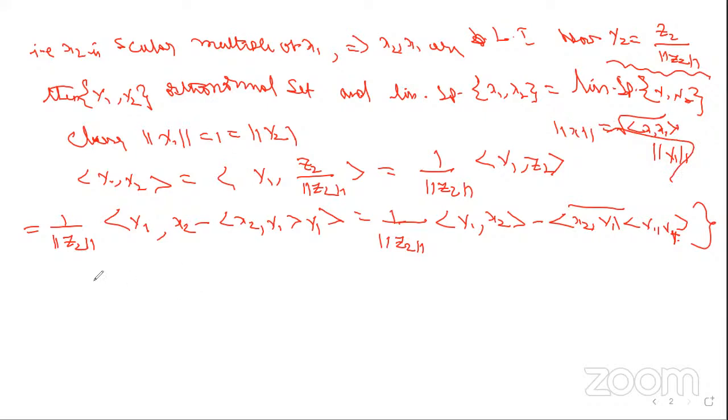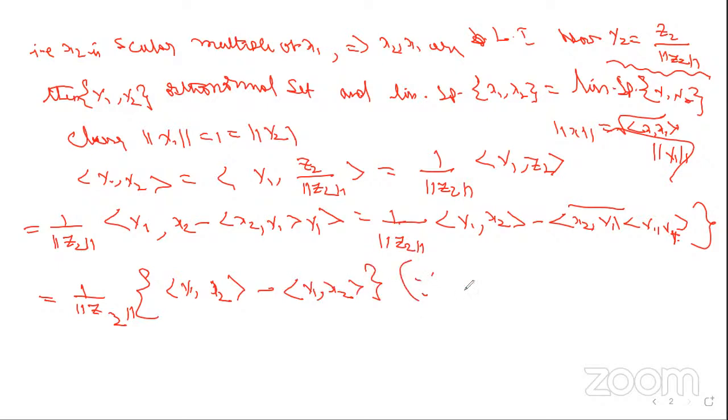So that is equal to 1 by norm z1 norm z2, within the set symbol, norm y1 comma x2 minus inner product of y1 comma x2, inner product set symbol.